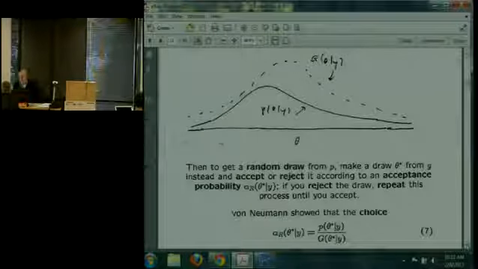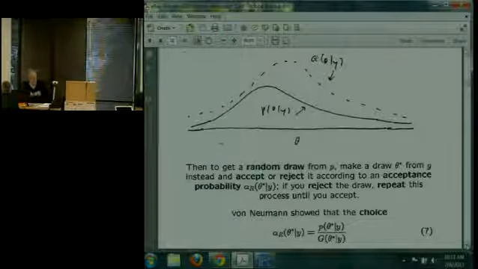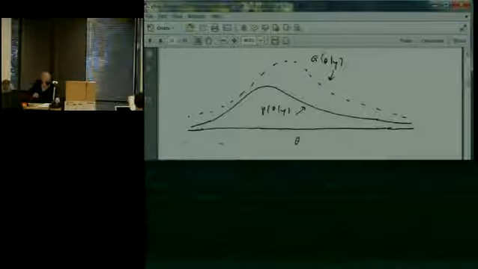And the reason that that's the right thing to do is actually pretty straightforward to see. If I try to sketch this over again over here, so here's P, and here's the envelope function G. So here's my lowercase p, and here's my uppercase G. Pick a theta star from G, and it lands right there, for example.